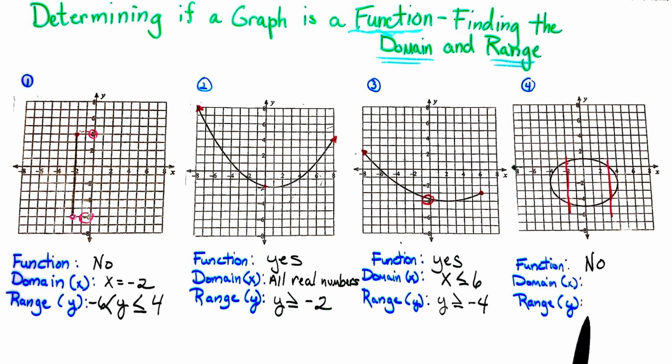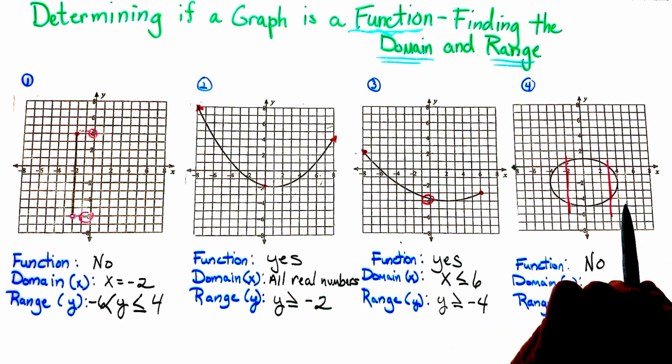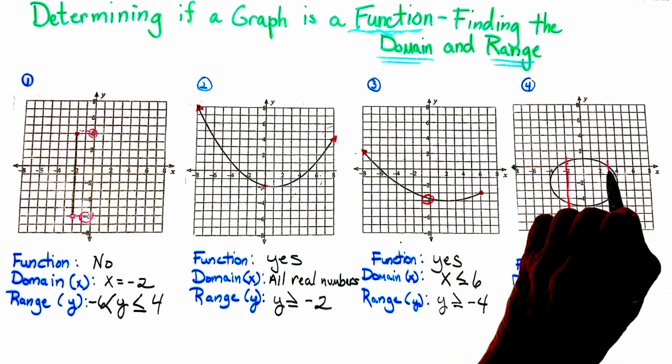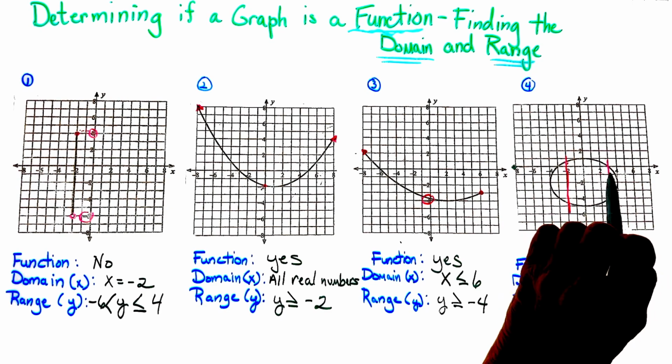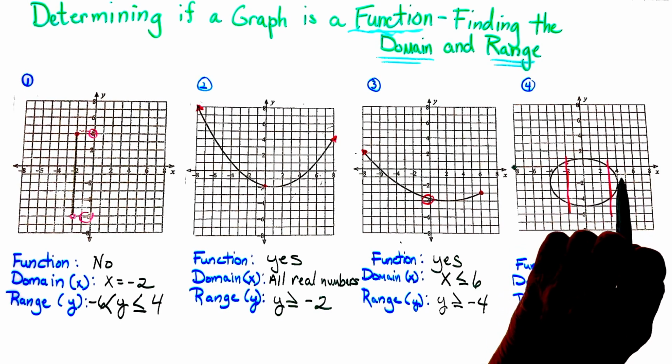Now let's look at our domain values. Since I used my red to test whether it was a function or not, I'm going to use a purple marker in order to mark our values for x. So I'm looking at the x-axis, and I see that this circle does hit the x-axis there.